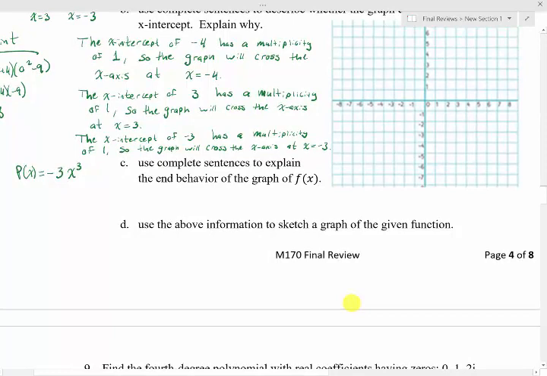So the parent graph of f of x is p of x equals negative 3x cubed. So the left side of our graph will go to positive infinity, and the right side of our graph will go to negative infinity.